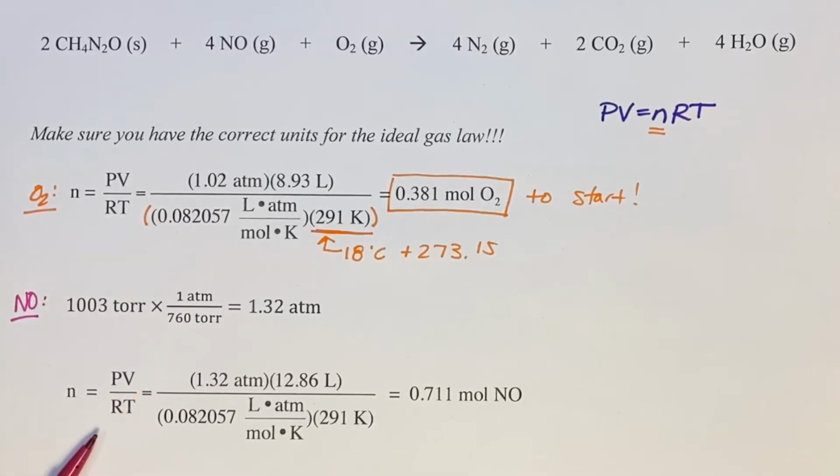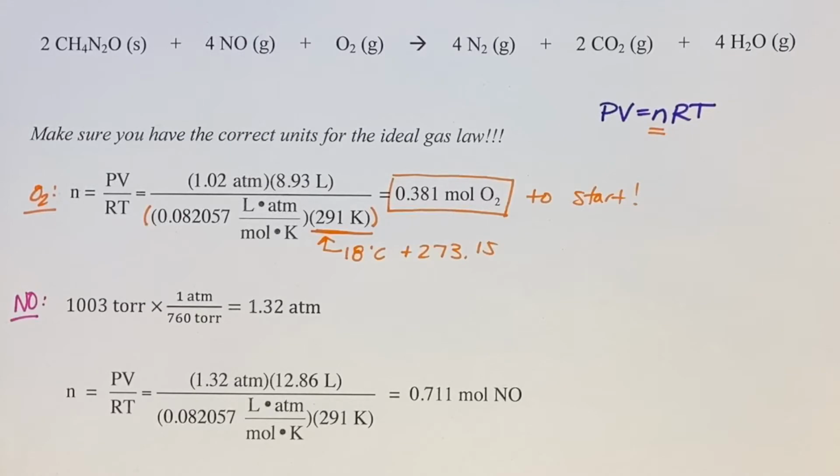ideal gas law. Again, we're going to be using the equation n equals PV over RT when we plug in our pressure of 1.32 atmospheres, our volume of 12.86 liters, R as our gas constant, and our temperature of 18 degrees Celsius, which we previously converted to Kelvin, so we'll use that 291 Kelvin here as well.